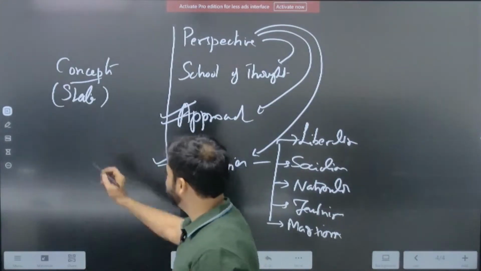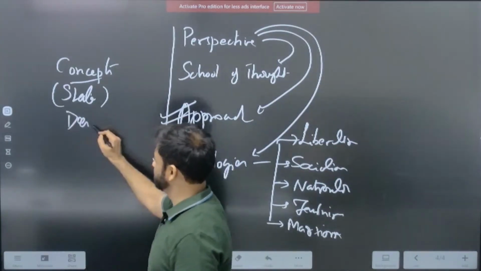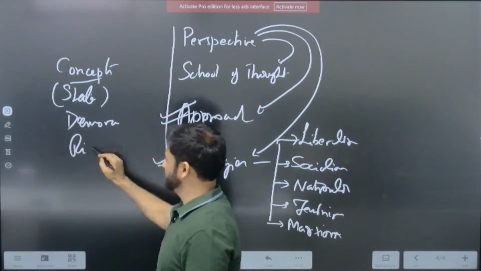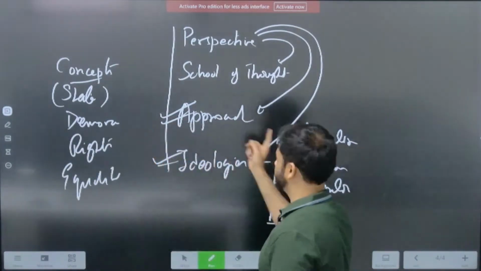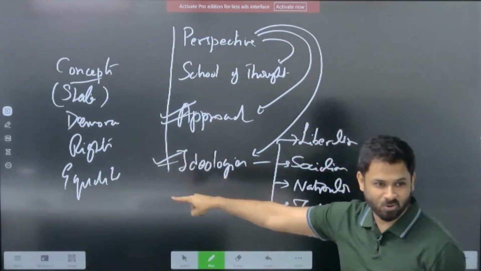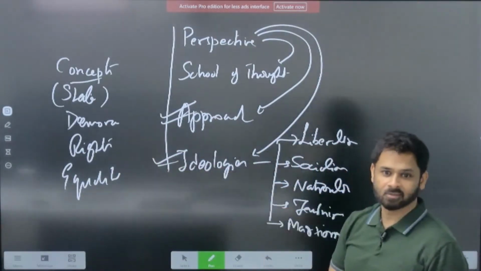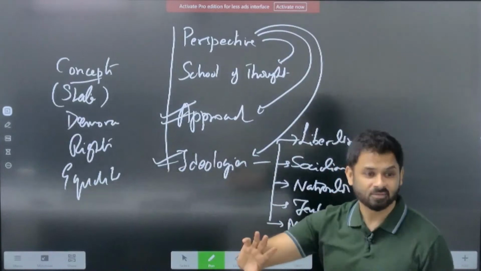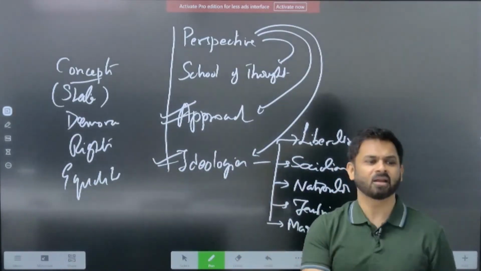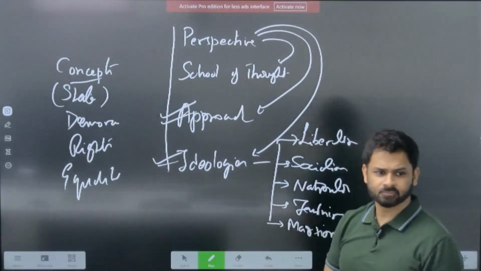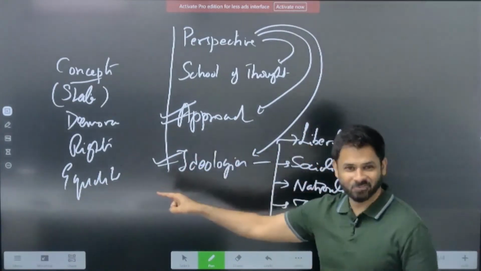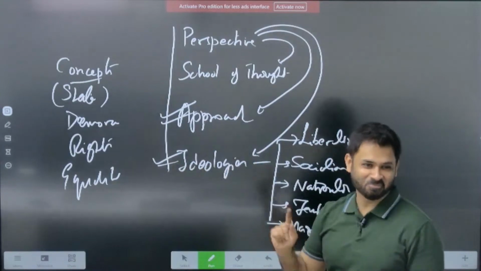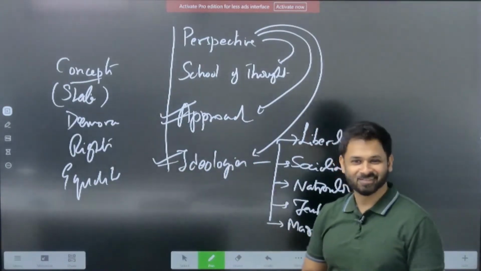If you are studying democracy, another concept, or you are studying rights, or you are studying equality, then there will be what? Liberal theory of democracy, socialist theory of democracy, Marxist theory of democracy, feminist theory of democracy. Some may not be there because some are not yet that evolved. If you are studying rights, liberal theory of rights, socialist theory of rights, Marxist theory of rights.